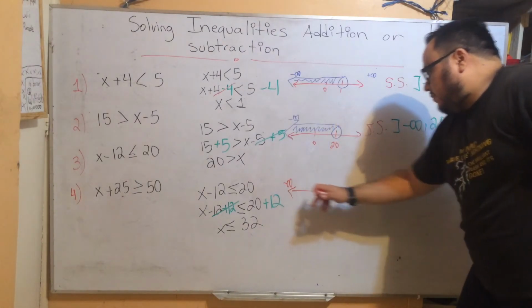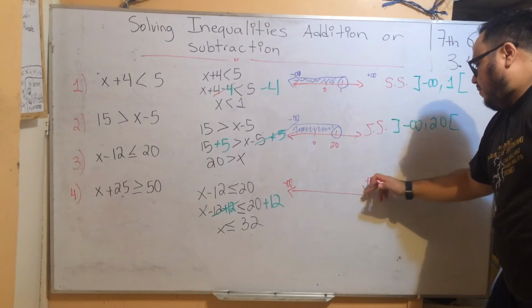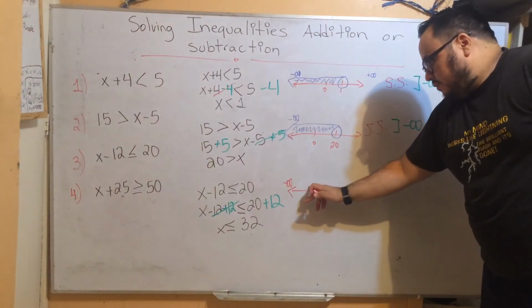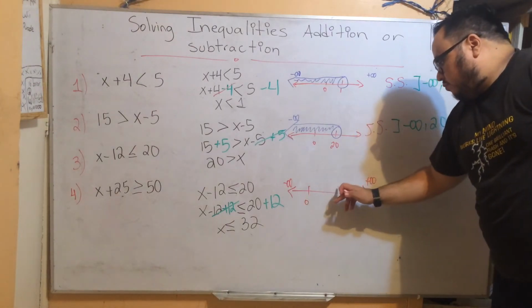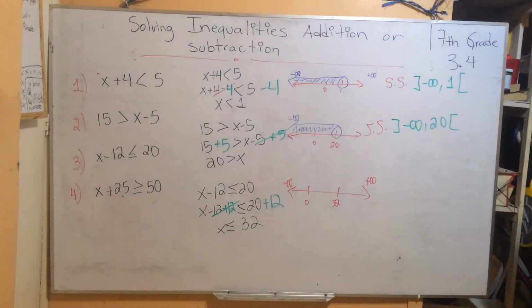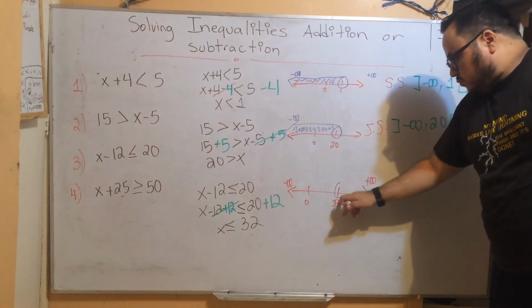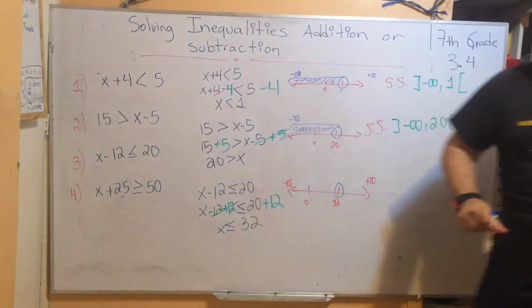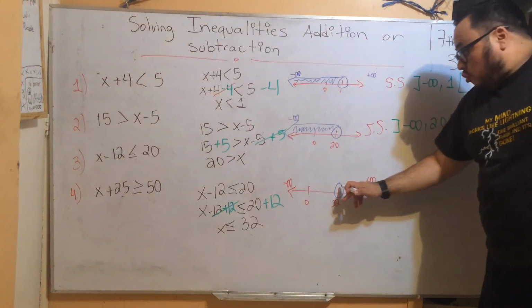Negative infinite, positive infinite. When we graph our numbers, let's say that here is 0, and here we have 32. Now when we graph this 32, is 32 included? Yes, because we have less or equal.